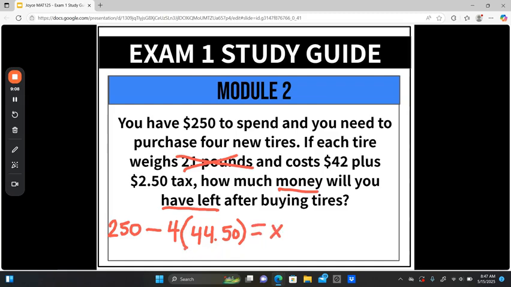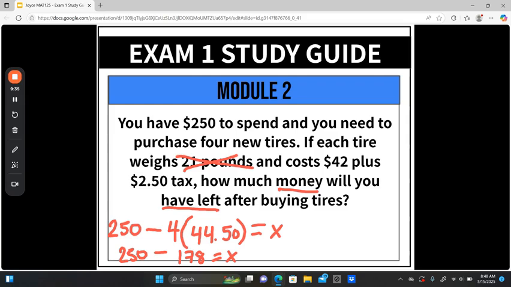So, per our order of operation rules, we need to multiply this 4 by what's inside the parentheses. And when we do that, we get 178. So let's start from the beginning. 250, keep this negative sign here, minus 178 equals x. Okay?